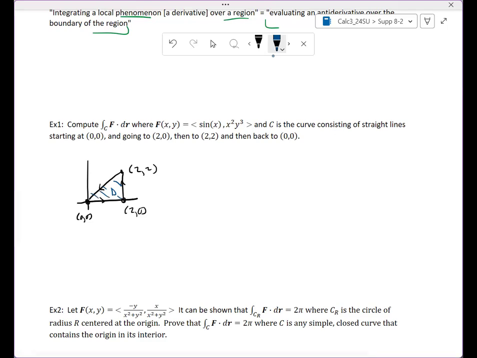So if I look at this region D enclosed in here, I do note that my curve is positively oriented. It's an important note. If it wasn't positively oriented, I could just hit it with a negative sign and make it positively oriented.